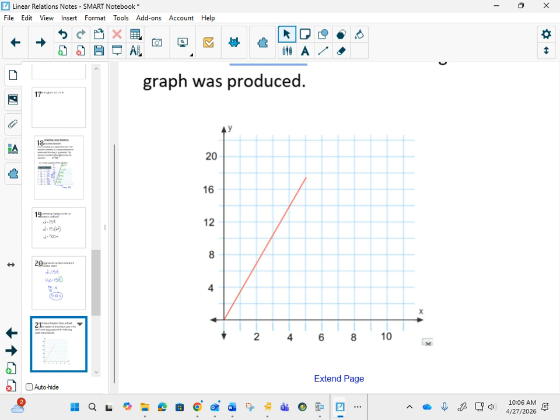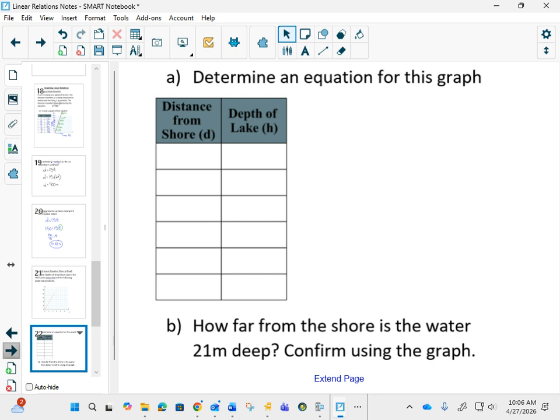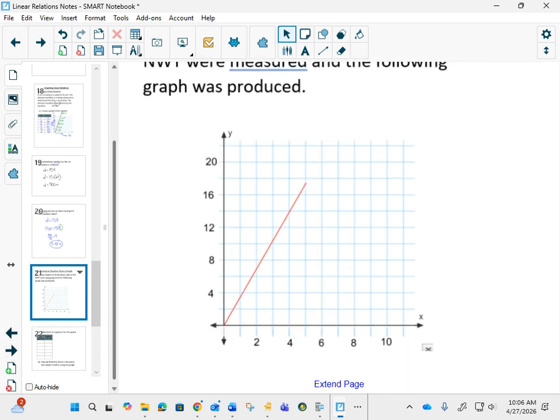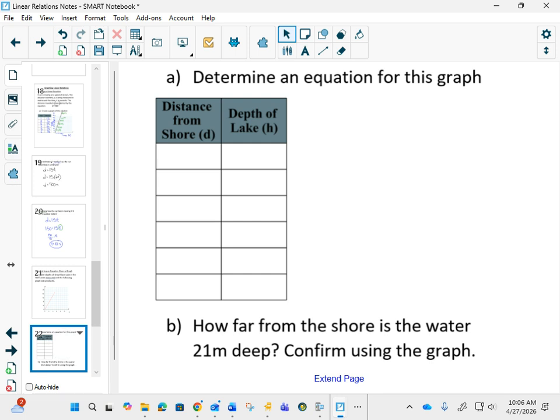So what we do when we have the graph here is we are going to have to make a table of values to figure out our equation. And we're going to have to estimate some of these numbers here. So we're gonna put in 0, 1, 2, 3, 4, 5.